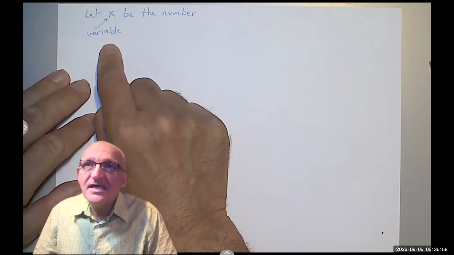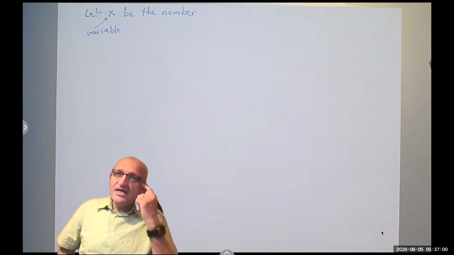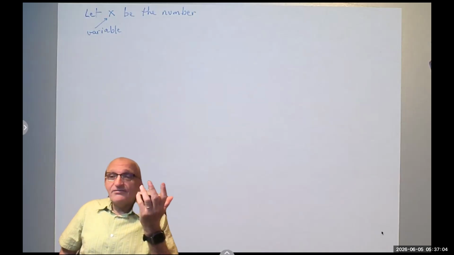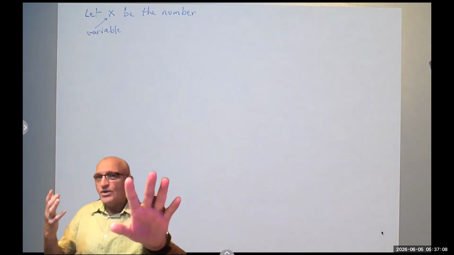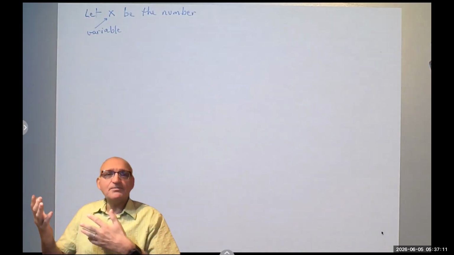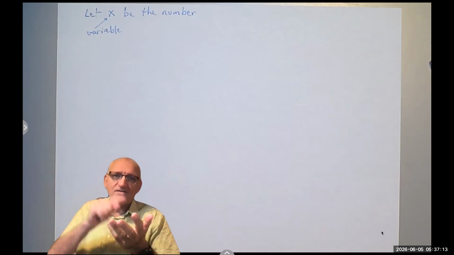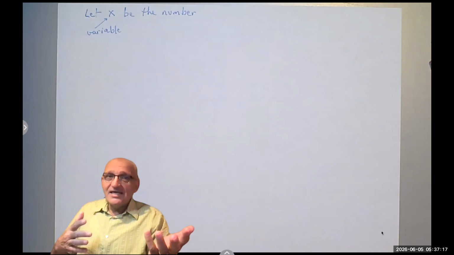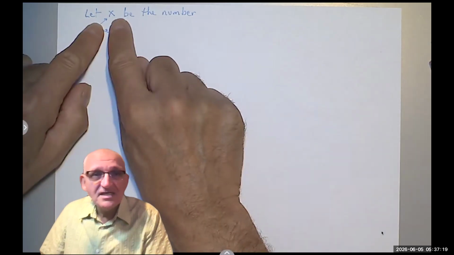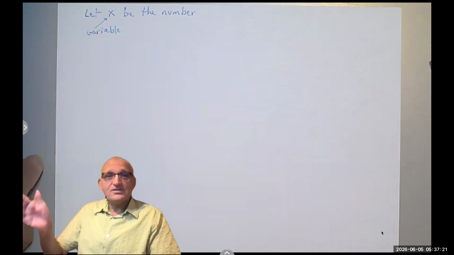And now when I say I had a number in my head, when I multiplied it by 3, well, if I multiplied 5 by 3, you say 15. I don't want the answer. I say, how can you multiply 5 by 3? You say 3 times 5, right? If my number is x, it's going to be 3 times x.